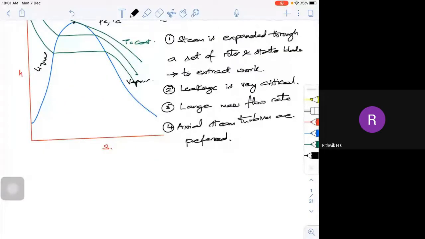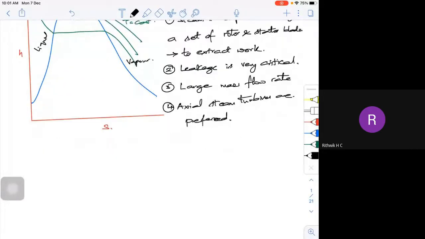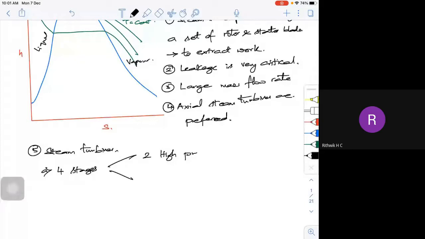Now, when you speak of axial turbines, say, for example, if it is a 4-stage turbine, I may have 2 high pressure stages and 2 low pressure stages.